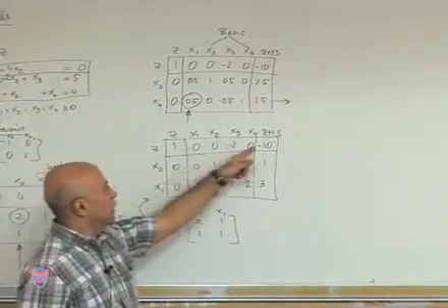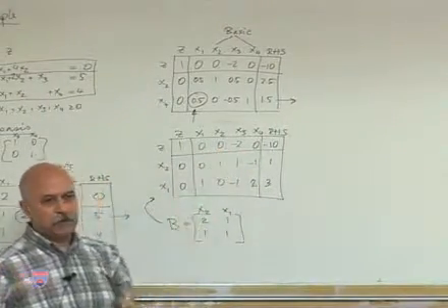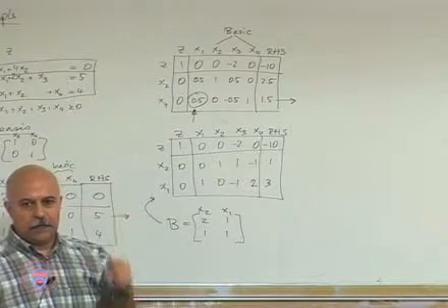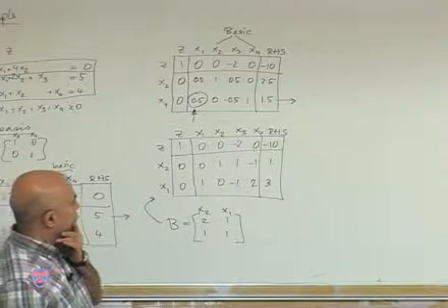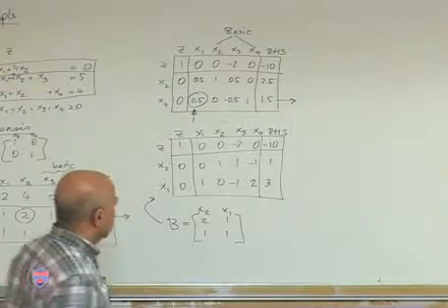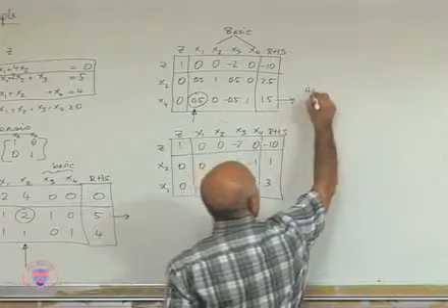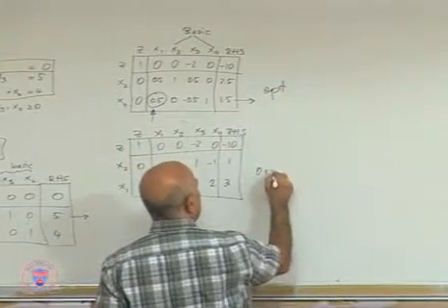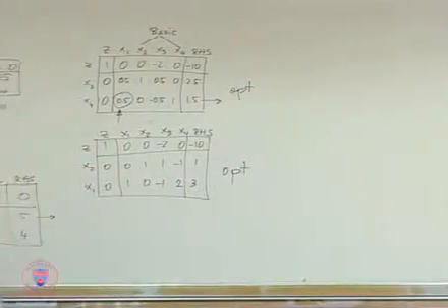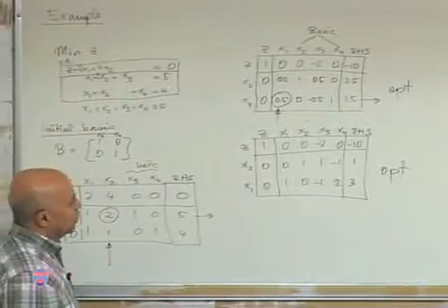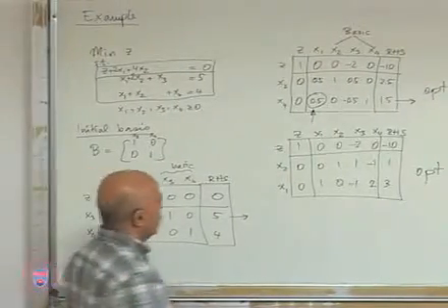And of course, the top values, the row 0 numbers, are simply your reduced costs as they are defined in our notation. So this is also optimal. This one is also optimal. Are they the same solutions? No, they are not.